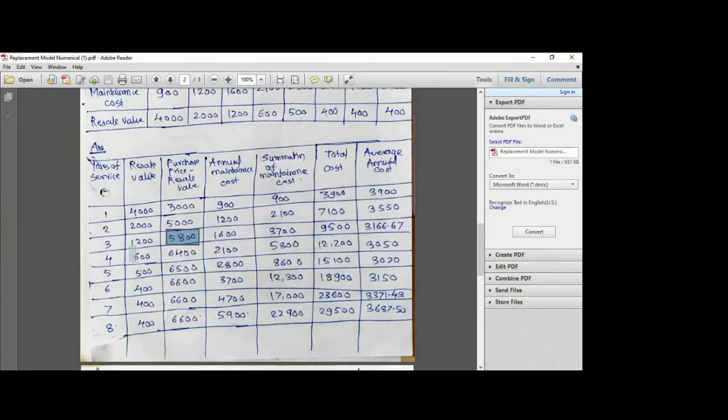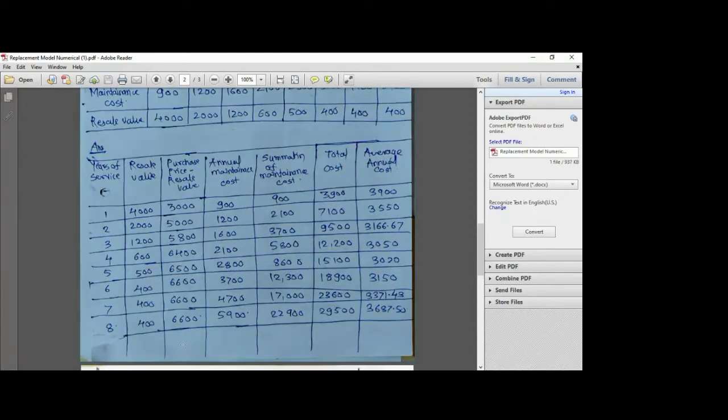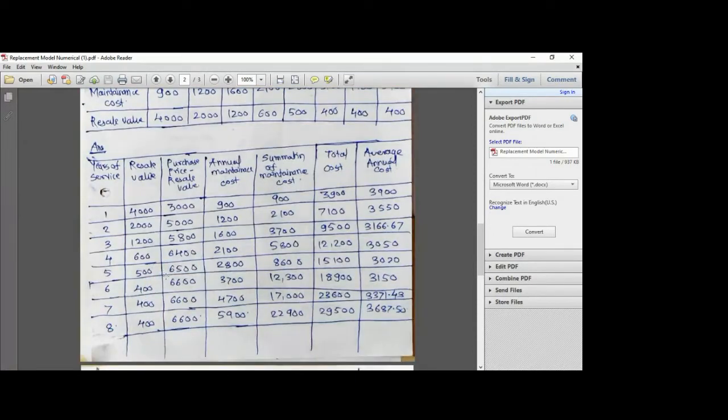For the next year, it is 7,000 minus 600, which is 6,400. For the next year, it is 7,000 minus 500, so it is 6,500. For the next 3 years, the resale value remains 400 rupees, and hence the purchase price minus resale value will remain constant at 6,600, which is nothing but 7,000 minus 400, right?